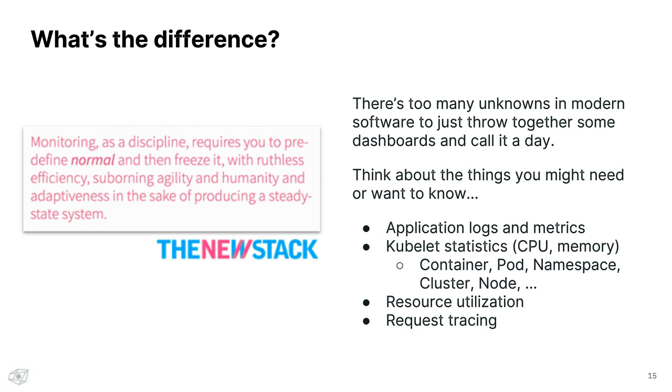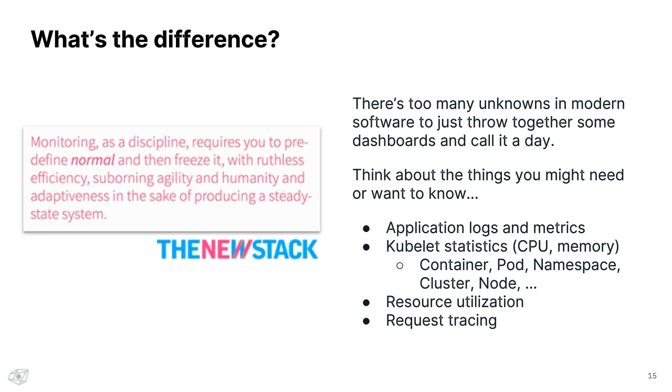One of the questions that comes up a lot is, how does observability differ from monitoring? There's a lot of definitions of both of these things flying around. I think I'm pulling from The New Stack a little bit here, that monitoring really focuses on defining normal.